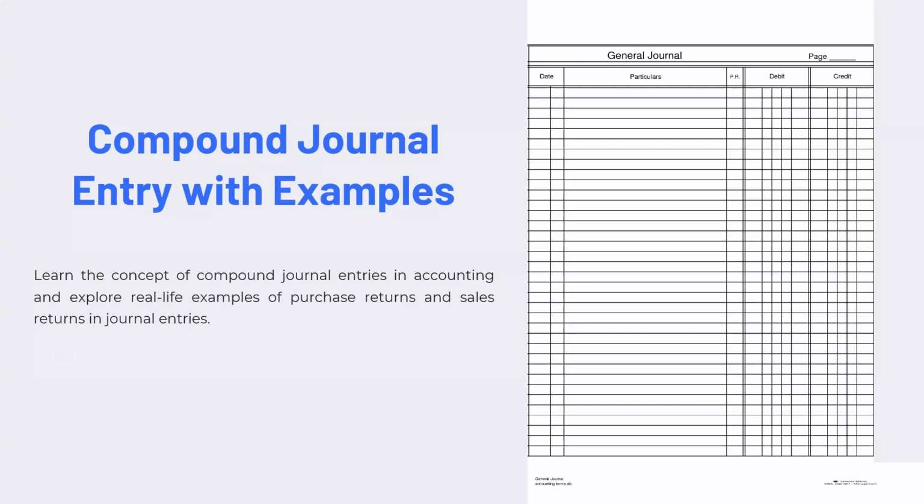Though cash is paid differently to different suppliers, the investment is a cash transaction, so it can all be combined into one single entry, and that's called a compound journal entry.